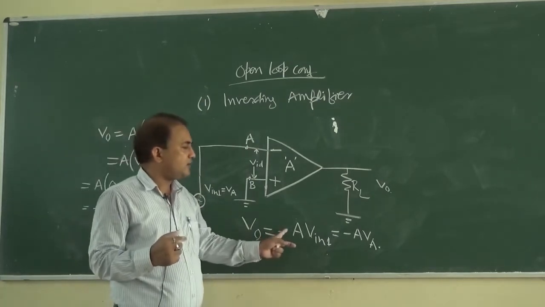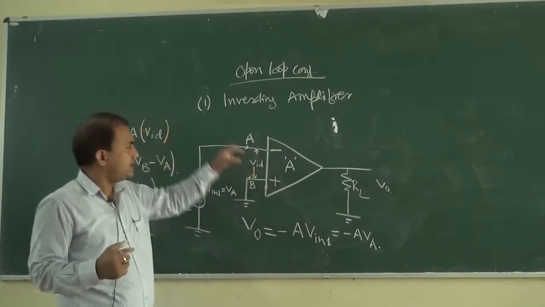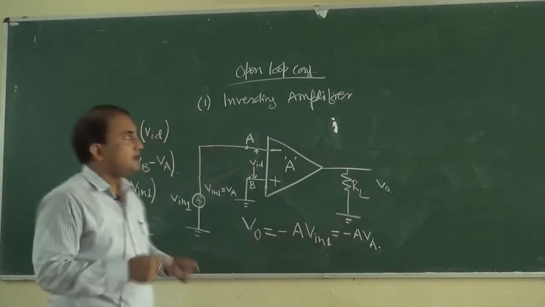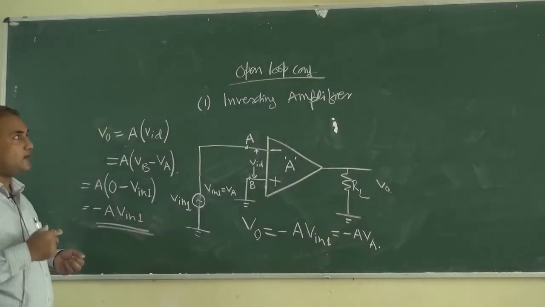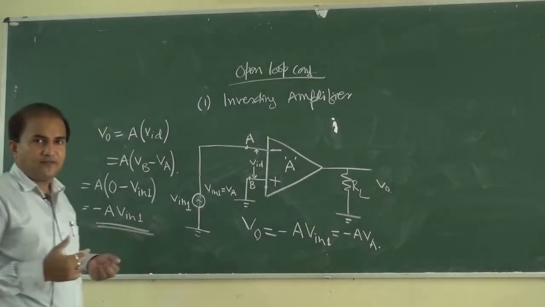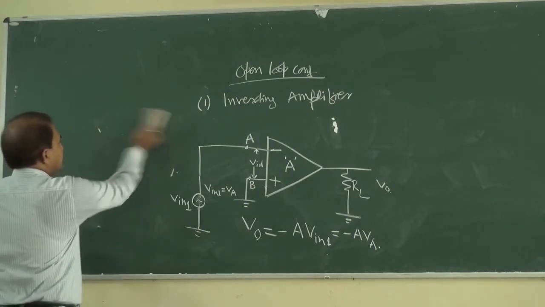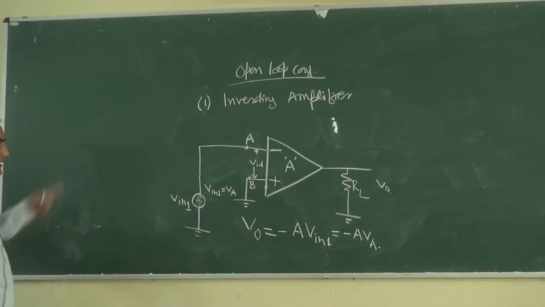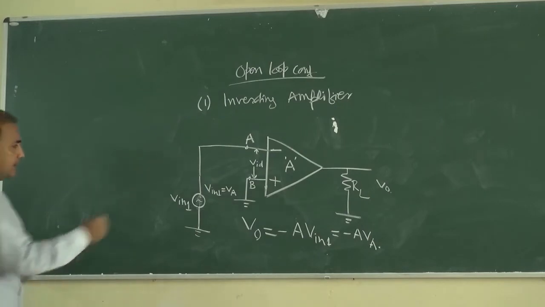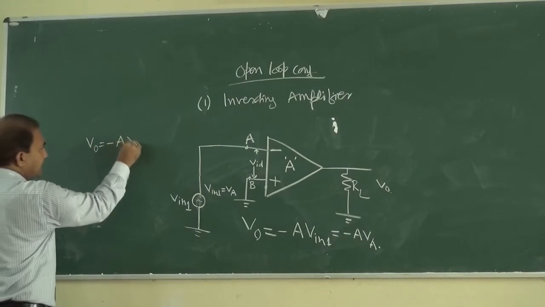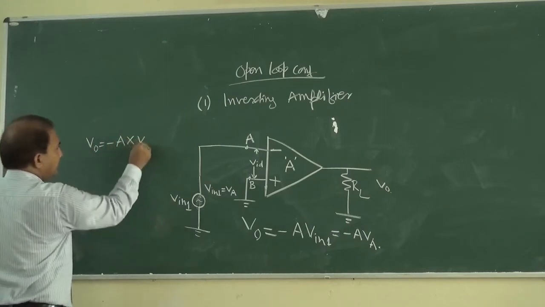So V output is equal to minus A V in 1, this is the expression for V out in case of the inverting amplifier.